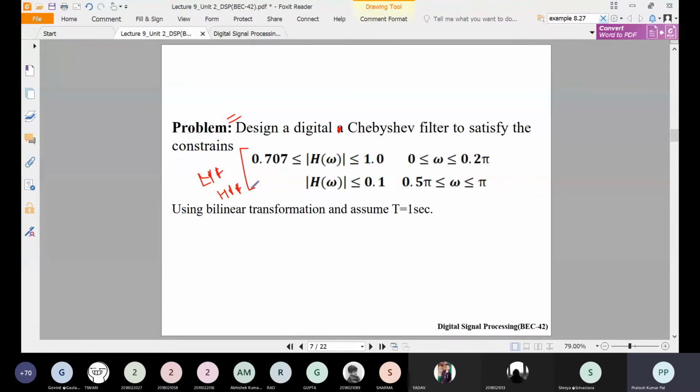In the pass band, the magnitude will be high in case of higher frequency, and it will be minimum in the lower frequency range. You need to keep this in mind, like in the exam, the specification could be of a high pass filter also.